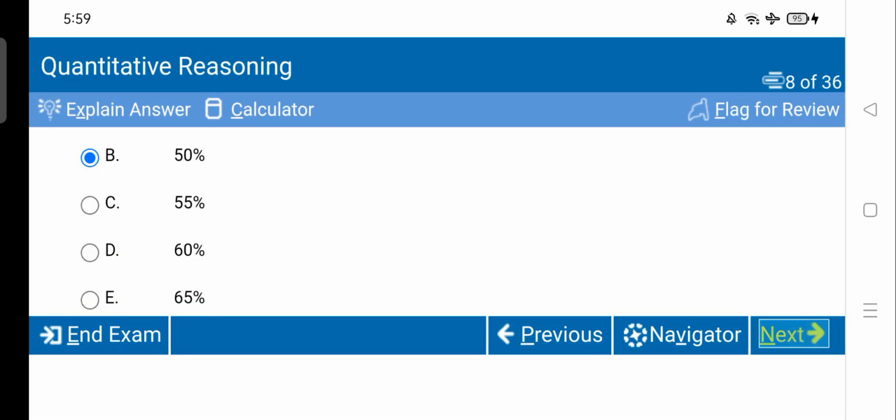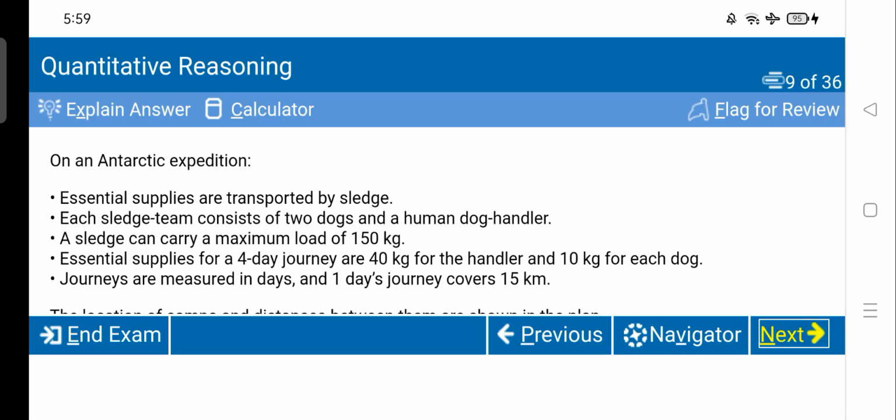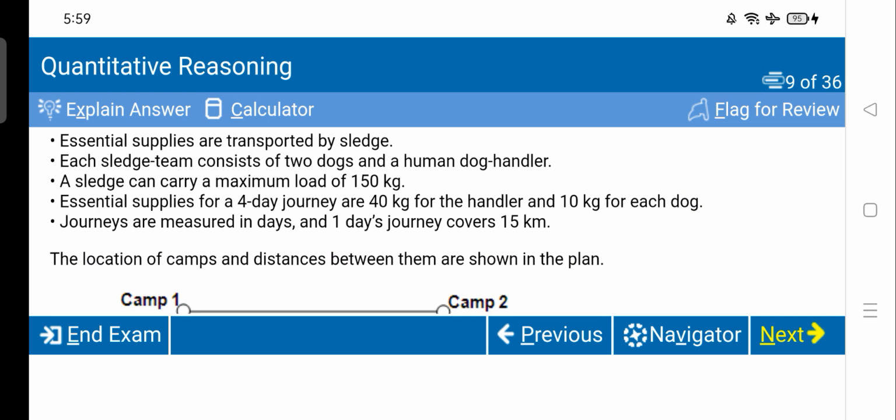Next question is that on an Antarctic expedition, essential supplies are transported by sledge. Each sledge team consists of 2 dogs and a human dog handler.